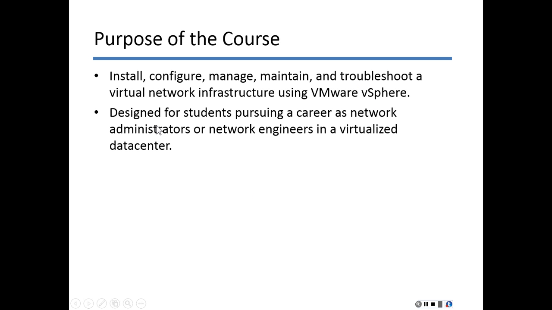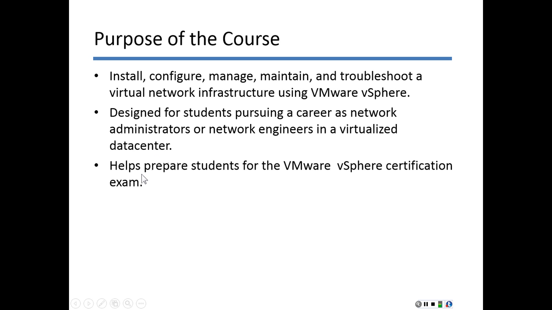The course is designed for students pursuing a career as network administrators or network engineers in a virtualized data center, and to help prepare students for the VMware vSphere certification exam.